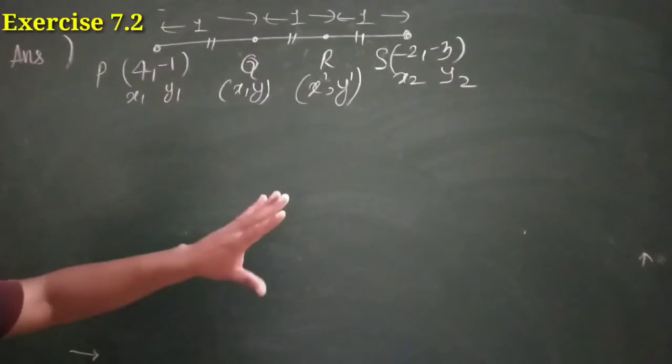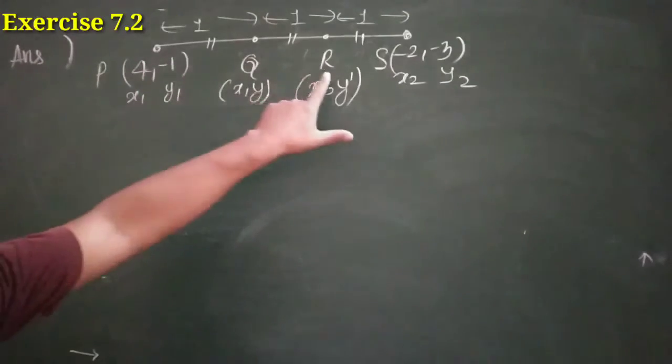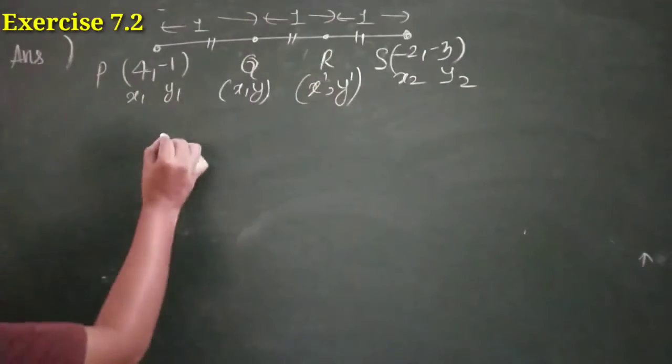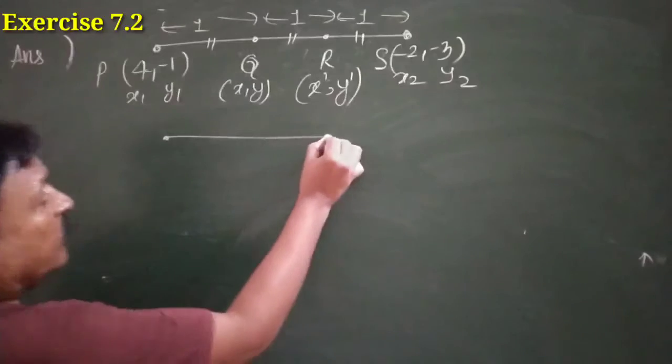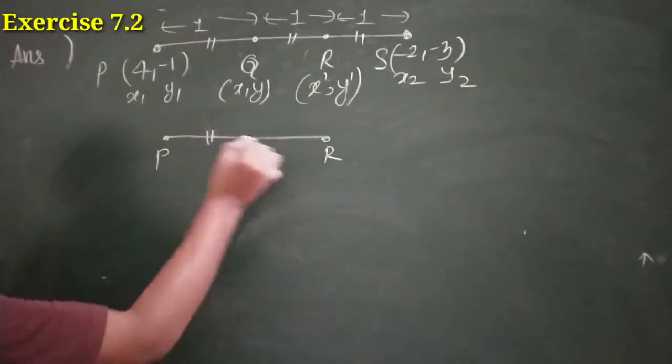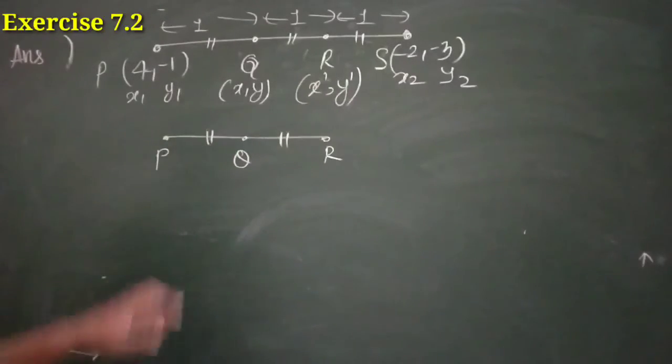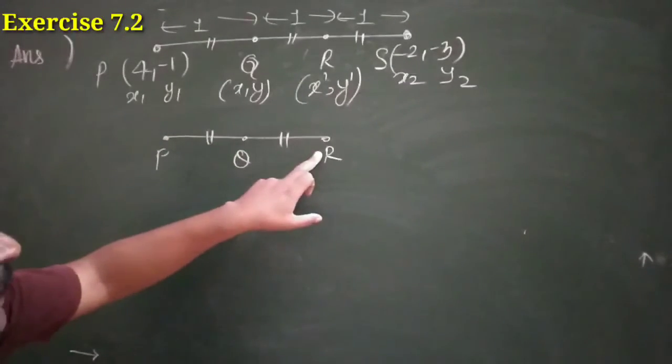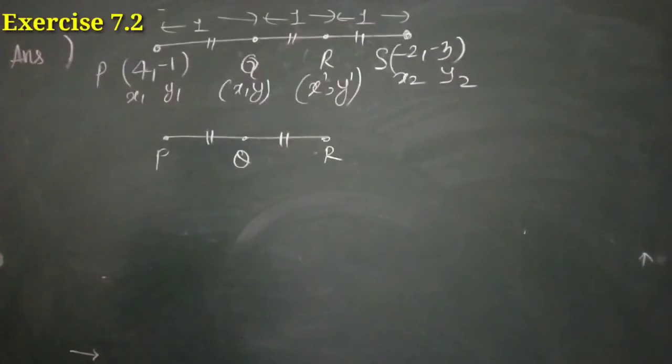If you see in a very proper way from P to R, just see from P to R. This is P, this is R, this is Q. This part is equal to this part, which means if I see the PR segment, then Q is the midpoint. It means I can use the shortcut formula here.